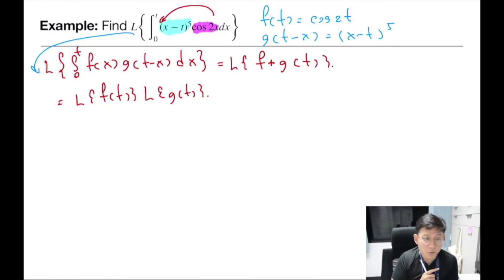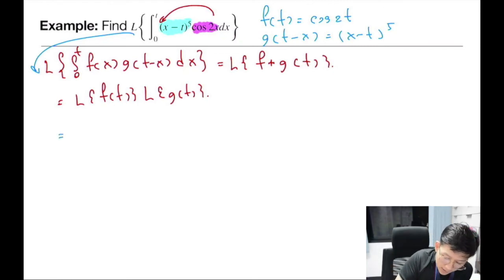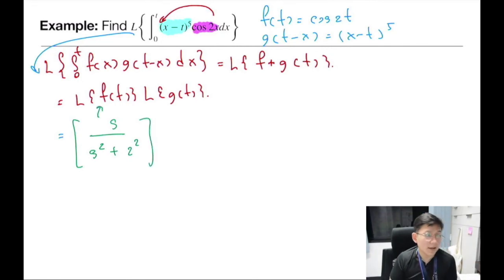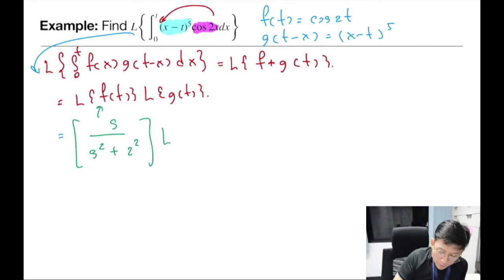That should be simple, because Laplace transform of cos 2t is s divided by s squared plus 2 squared. And Laplace transform of g(t) is a little bit tricky.